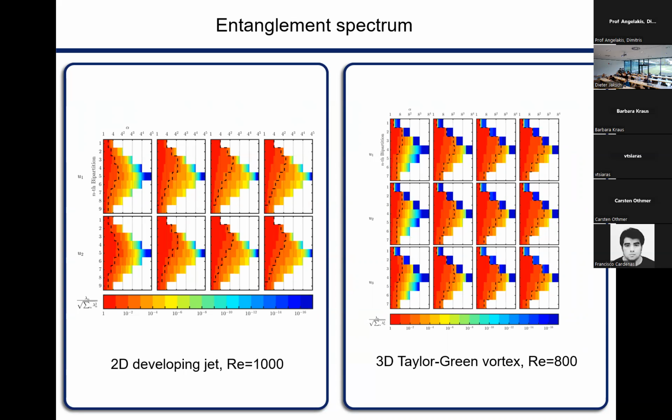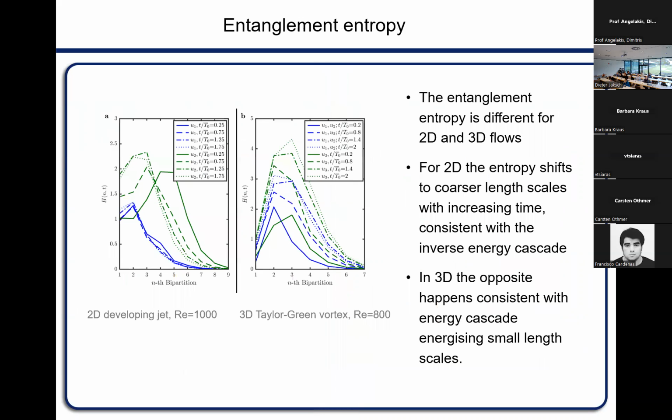Now a bit more on the structure that Dimitris was just mentioning before. So if we look at different flows, we've taken two examples: one in 2D, a jet that forms in 2 spatial dimensions, and in the other case, in 3 spatial dimensions, a Taylor-Green vortex that decays.